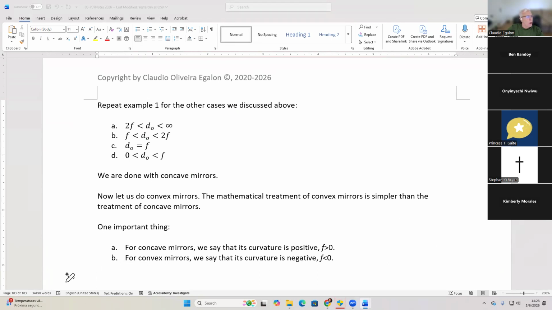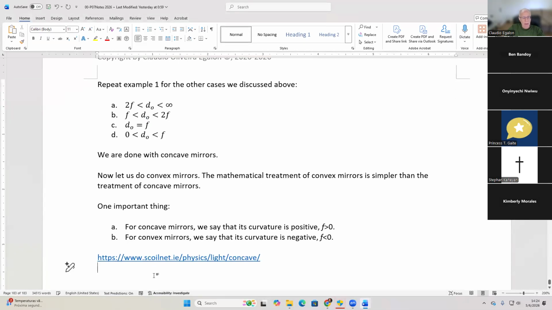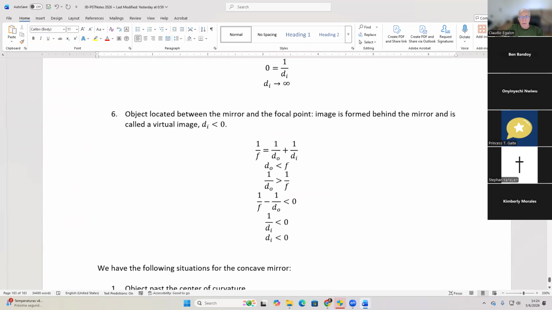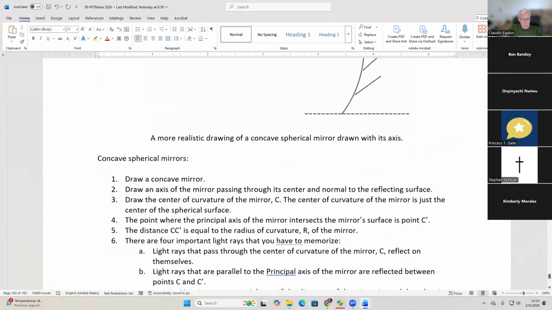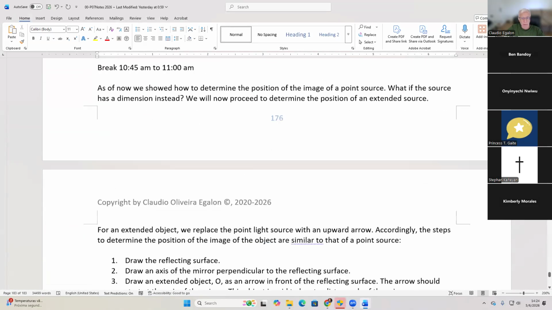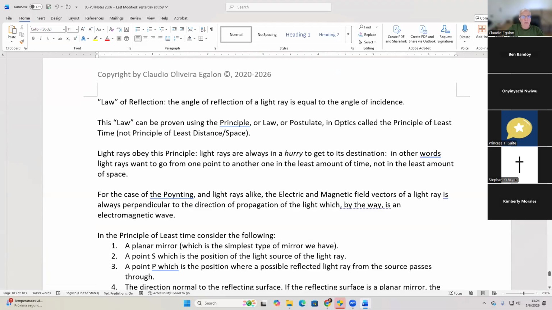And I want the link for the simulation, one of the simulations. There are a bunch of simulations out there, okay? Some I believe are better than the others. That's just one of them. The simulation that I showed to you before was a different link, wasn't that? Let's see if I can find it here.